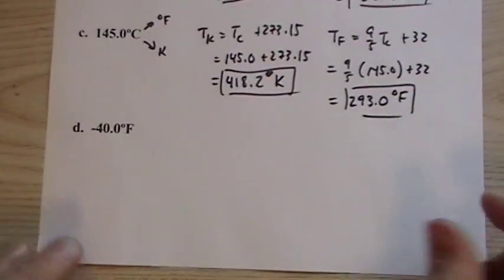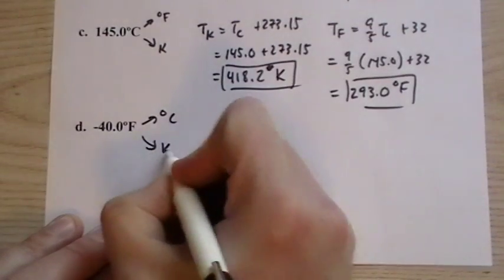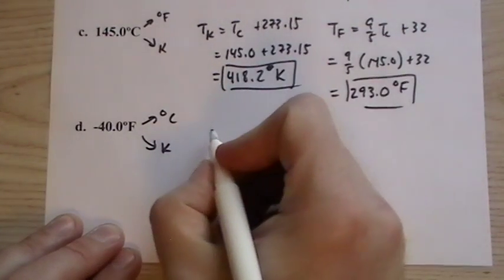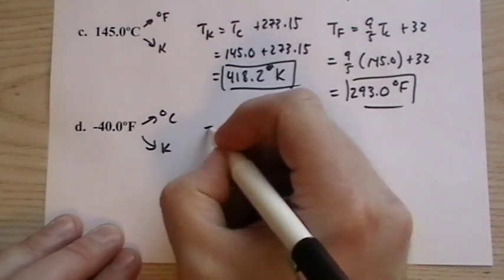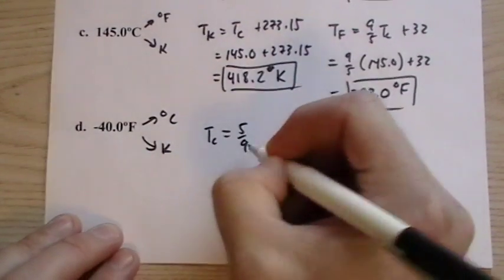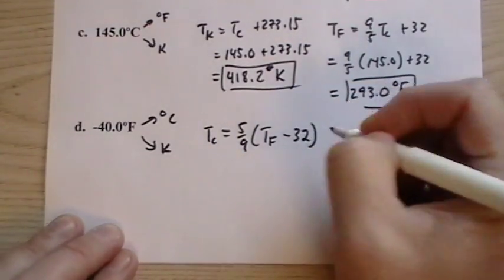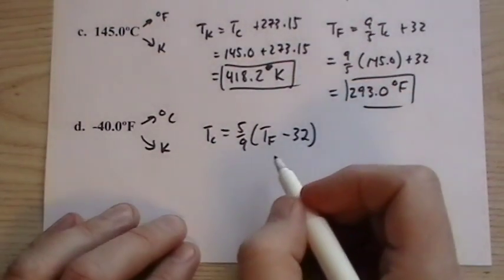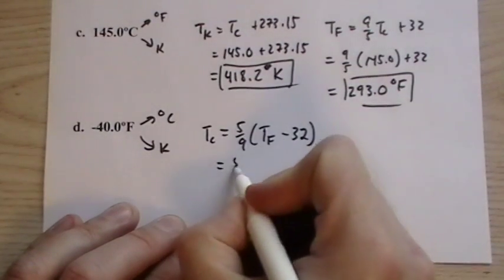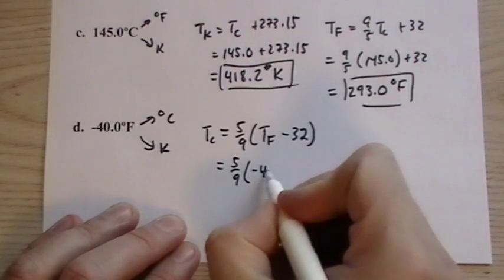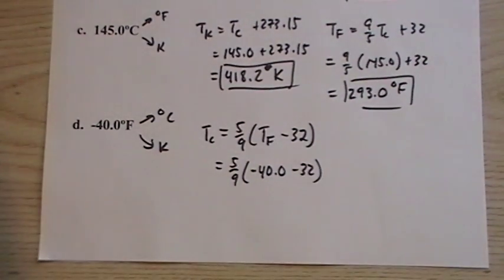And then finally, this one, this is a nice one to have here, minus 40 degrees Fahrenheit to Celsius, just to see something unusual. So now we have to go from Fahrenheit to Celsius, so we have to use this equation. We have 5/9 times minus 40 minus 32. Again, 32 is an exact number.